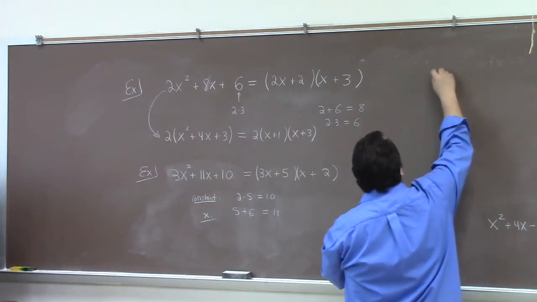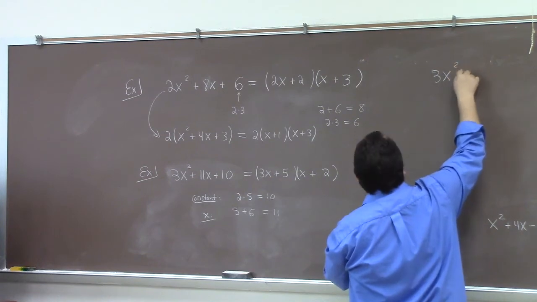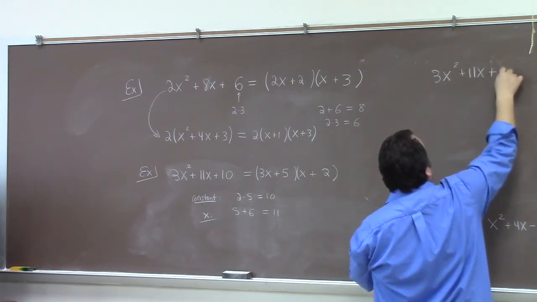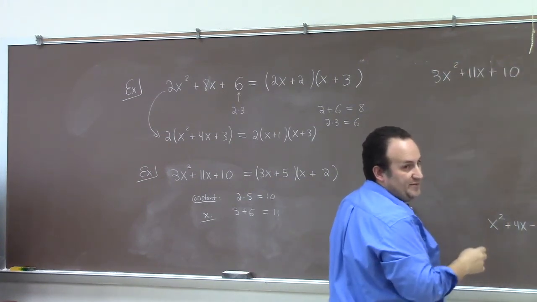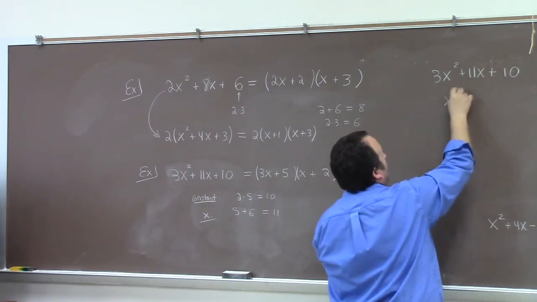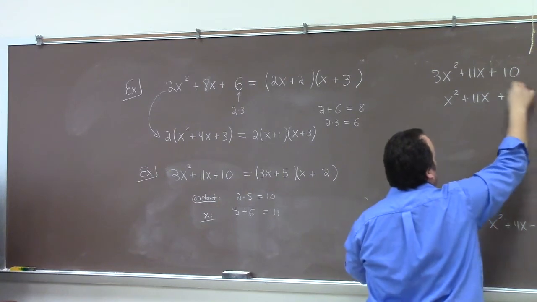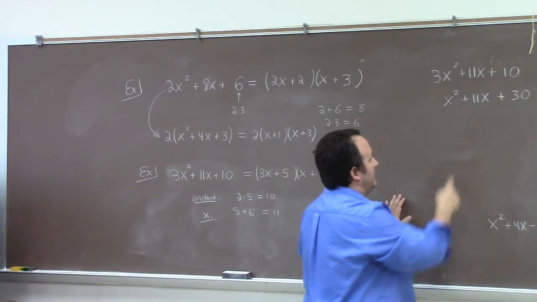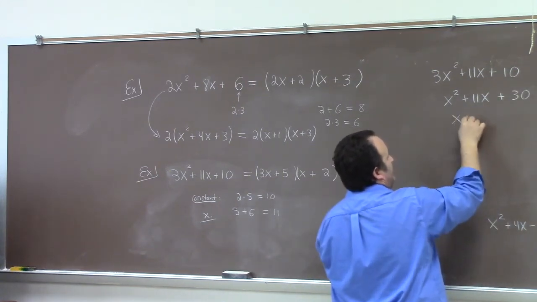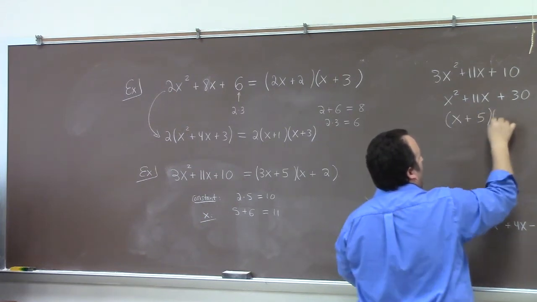it's basically this. So you start with 3x squared plus 11x plus 10. You quote-unquote slide the 3 over to here, which is weird because, well, anyway, that's what you do. And then you take this and you factor it easily, like this.